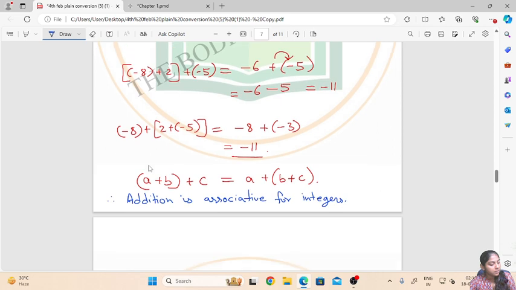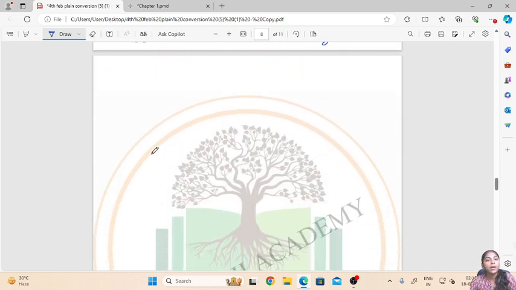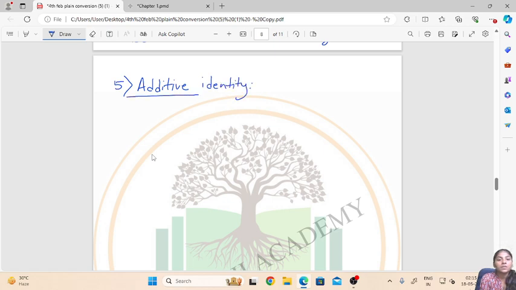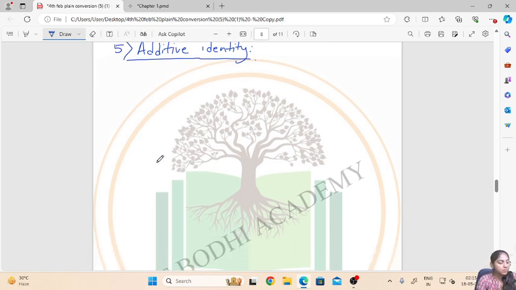Then next we will see the additive identity. That is the 5th property that we will see, additive identity. So what is this additive identity? Now for whole numbers we know that any whole number a plus 0 is the whole number itself.